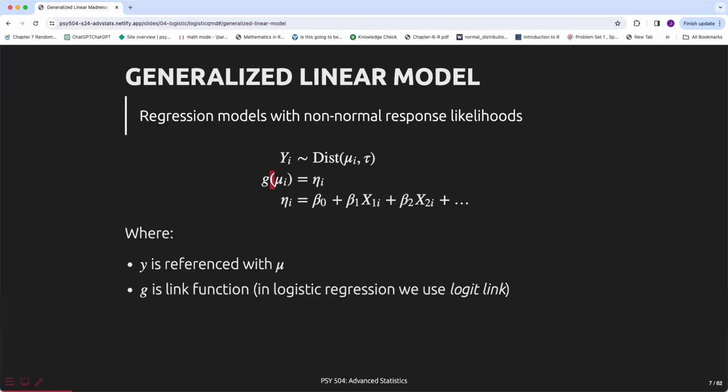So we can actually use the linear model that we've been learning, that we know and love. That's what the link function essentially does: it takes our dichotomous outcome variable and makes it linear, so then we can model it as a linear function of the predictors, which is really cool, I think. In logistic regression, we use a logit link function. If we were going to use probit regression, we'd use a probit link. But logistic regression uses the logit link function.